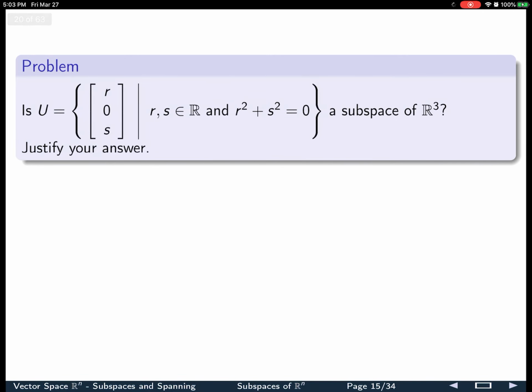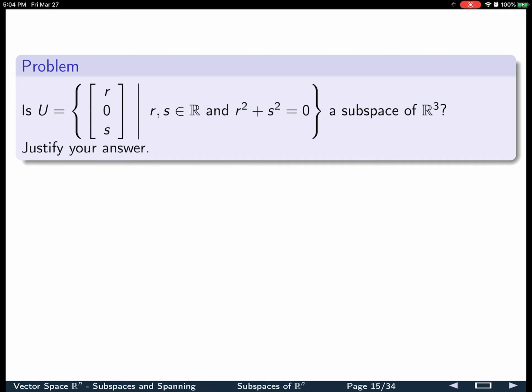Next one. We have some conditions here. We've got r, 0, and s in our vector, and r squared plus s squared has to equal 0. Is this a subspace? Well, the condition r squared plus s squared equals 0 means that r and s have to be 0.